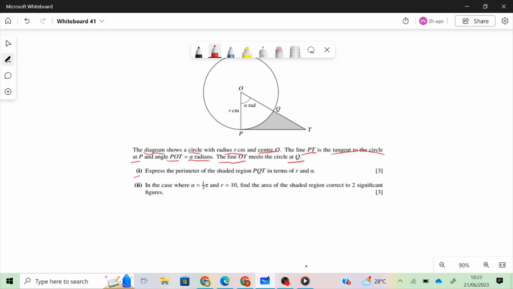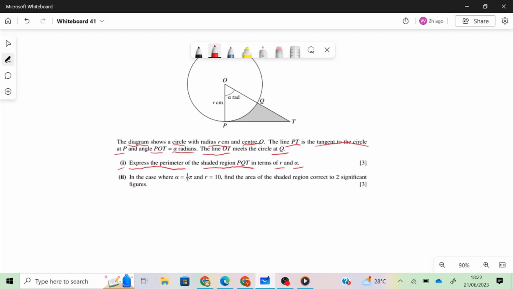The first part says express the perimeter of the shaded region PQT in terms of R and alpha. Now they want us to find the perimeter.